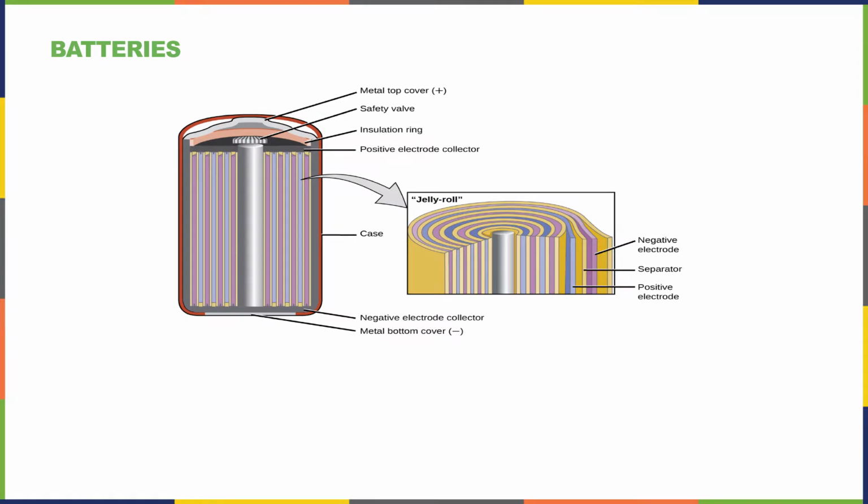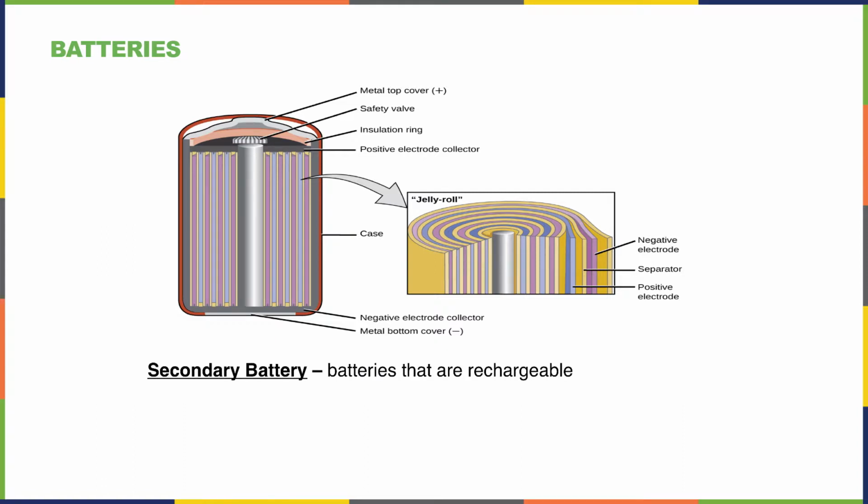And so this design allows for more charge capabilities, which is what batteries are basically based on, how long they last. Now, here's another type of battery that's designed as, quote, a jelly roll. And what you can see here is the different electrodes are wrapped around each other, and in between is a separator. So you have this sort of jelly roll configuration, and you have multiple electrodes that can react with the separator in between.